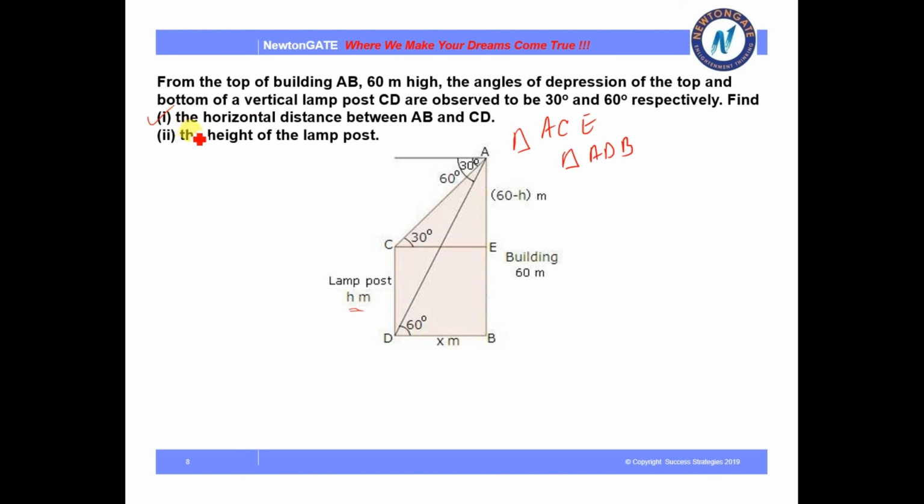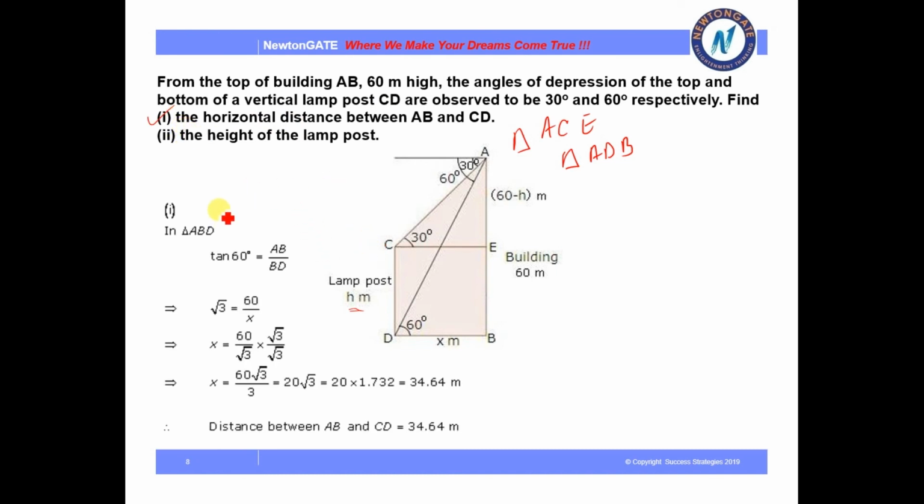So let's solve the first one, the horizontal distance between AB and CD. In triangle ABD, tan 60 degrees is equal to AB by BD. The value of tan 60 is root 3, the value of AB is given as 60, and the value of BD we took as x.